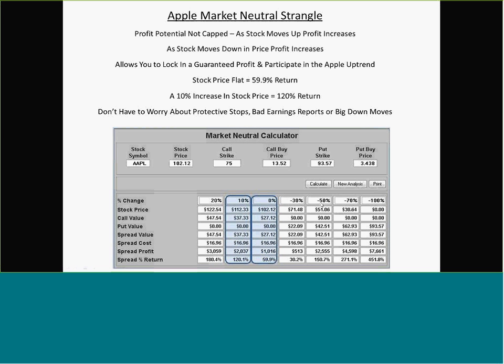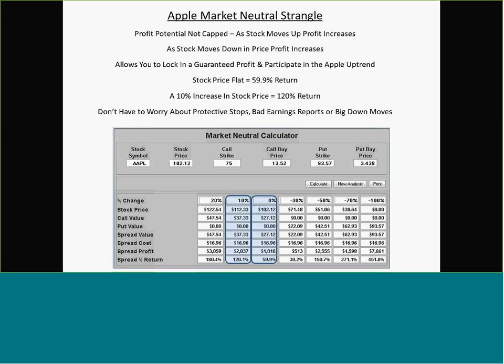And as you can see with these market neutral strangles, the more the stock goes down, the more you make. So that's a function of purchasing that put option, which profits as the underlying stock goes down in price. So if you had a catastrophic loss, you can still make money with these market neutral strangles.